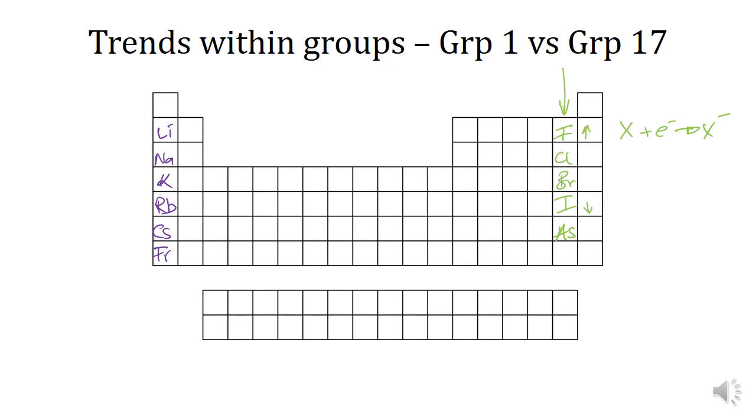These guys react by donating an electron. These are metals. In lithium, that outer shell electron is much closer in, so the nucleus has a tighter hold on that electron, so it doesn't react as readily. But in francium, that electron is miles away from the nucleus, so it jumps off, basically, if you look at it the wrong way.